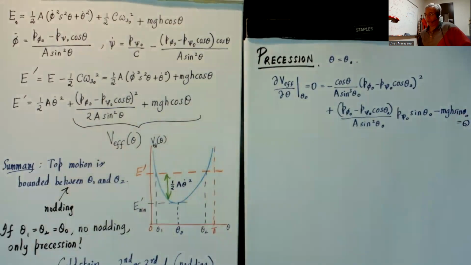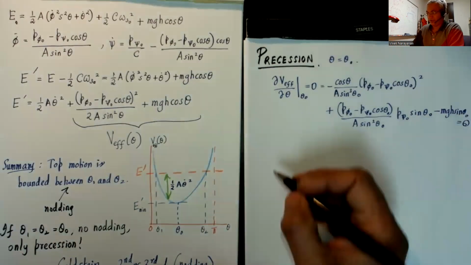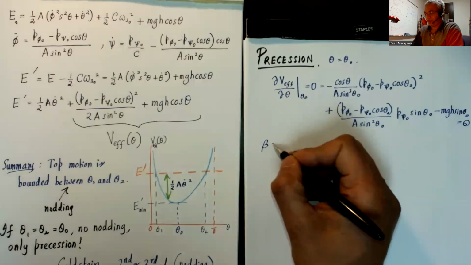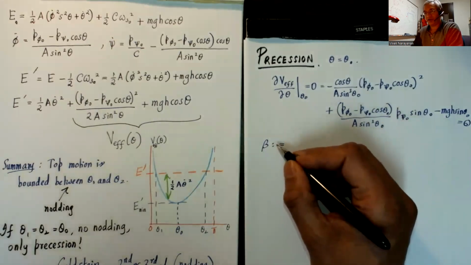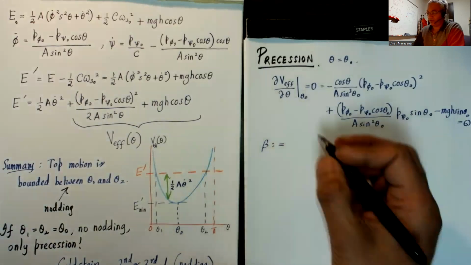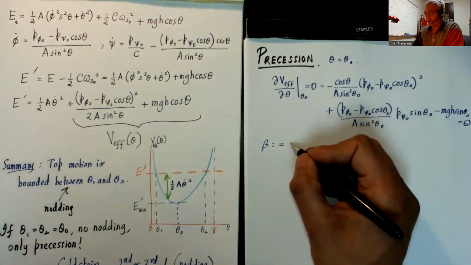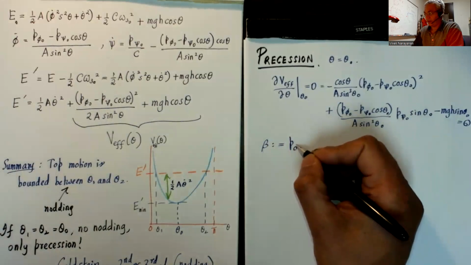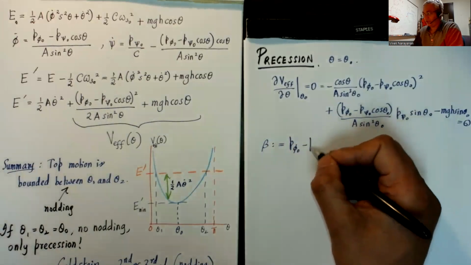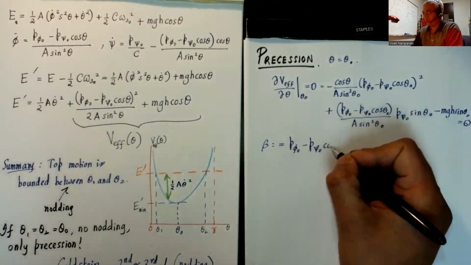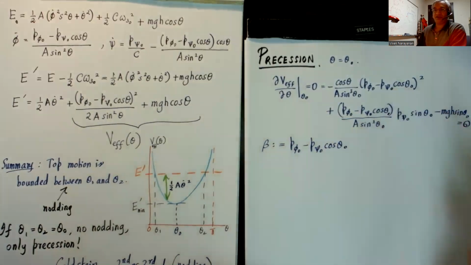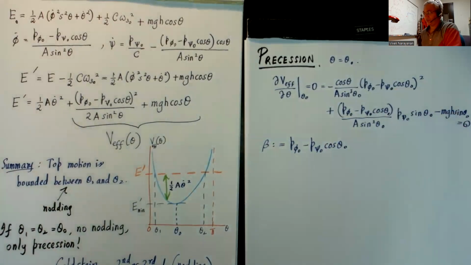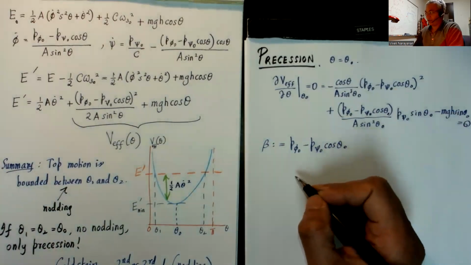So clearly this calls for some simplification. So let's set beta. I'm going to define beta. The colon means the quantity on the left side is defined by whatever is to the right of the equal sign. So beta := p phi naught minus p psi naught cosine theta. Observe that since it's there in both terms, it's easy to write everything in terms of beta. So then we have a quadratic equation.